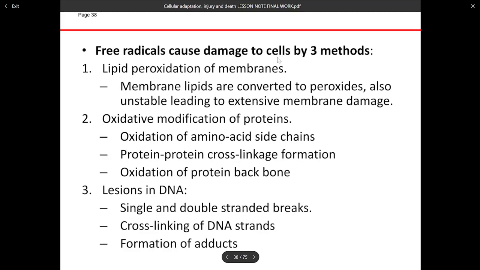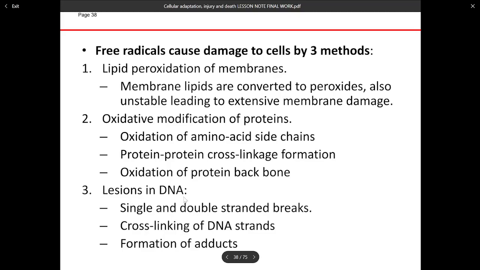Free radicals cause damage to cells by three methods. Number one is lipid peroxidation of membrane. Membrane lipids are converted to peroxides, also unstable, leading to extensive membrane damage. Secondly, oxidative modification of protein: oxidation of amino acid side chains, protein-protein cross-linkage formation, and oxidation of the protein backbone.